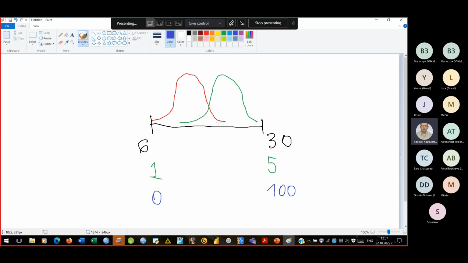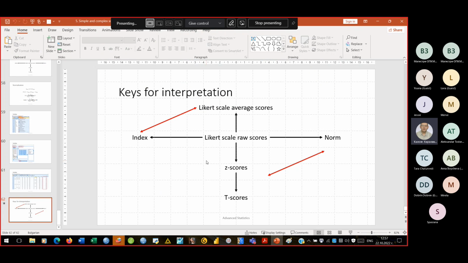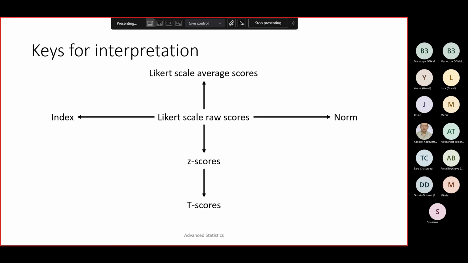So if we use average scores or index, we can use these transformations for the comparative analysis.